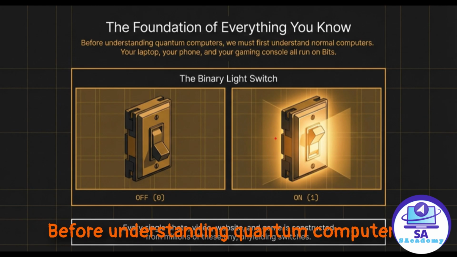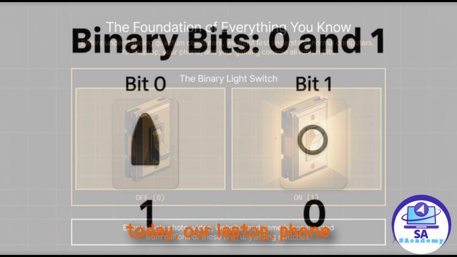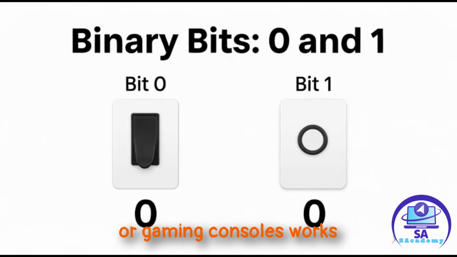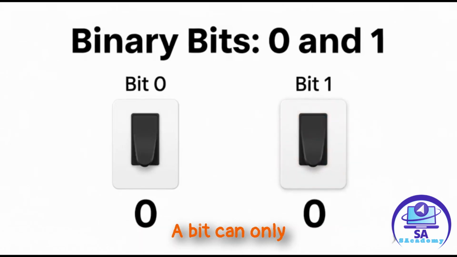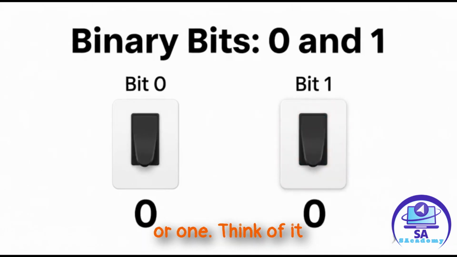Before understanding quantum computers, we must first understand normal computers. Every computer today, our laptop, phone, or gaming console, works using something called bits. A bit can only be two things, either 0 or 1.